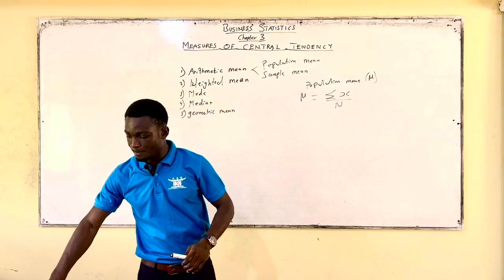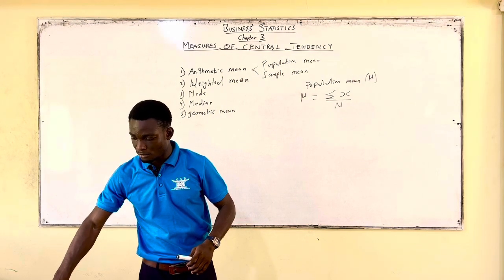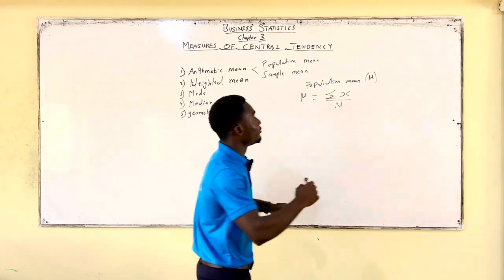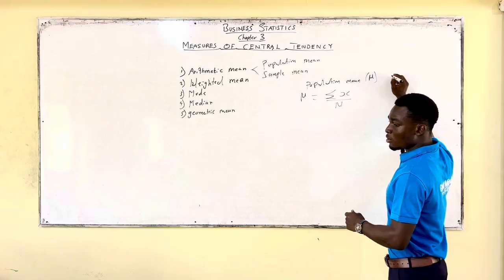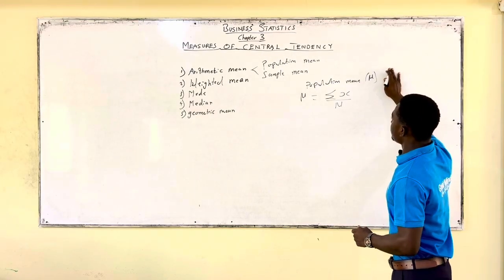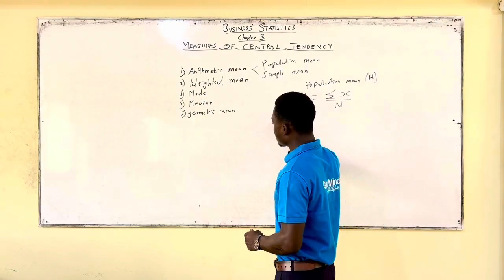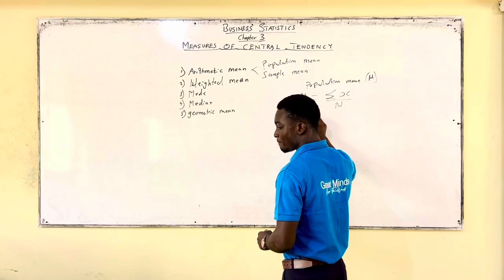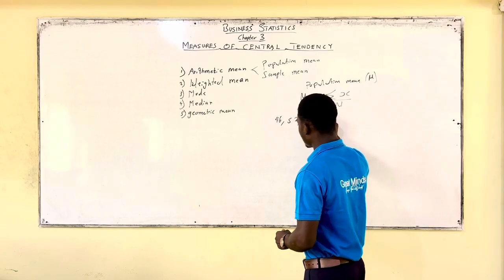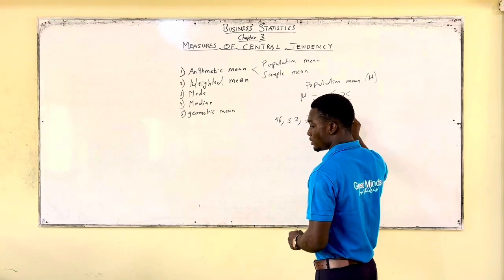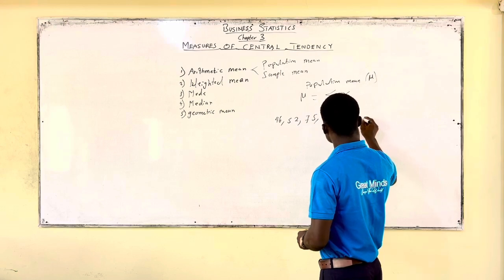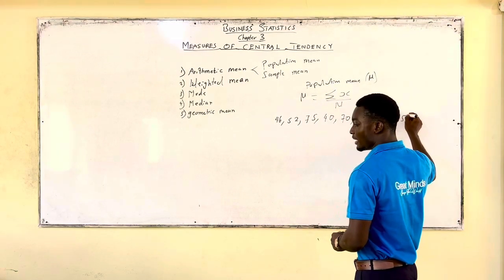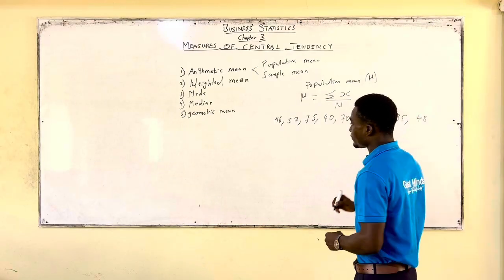Let's take this example. We have this data here: 46, 52, 75, 40, 70, 43, 65, 35, and 48.